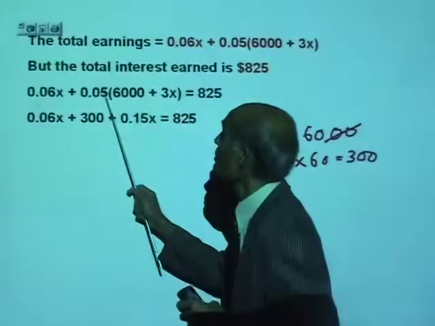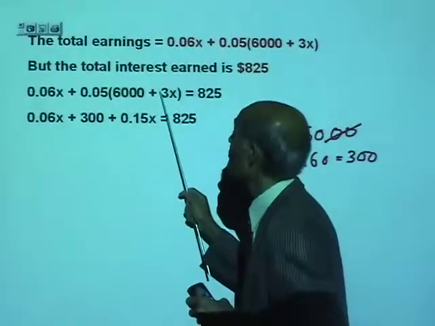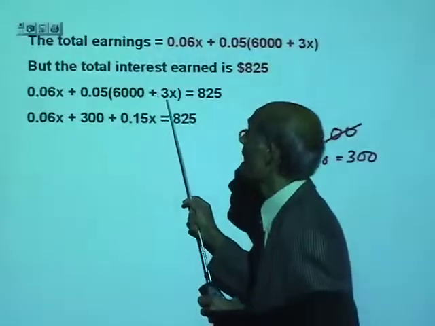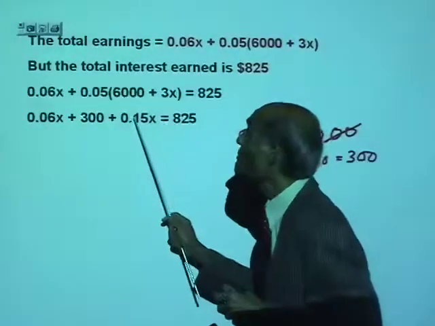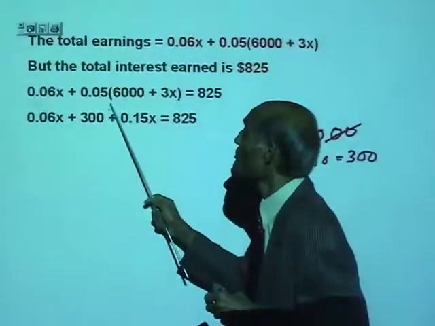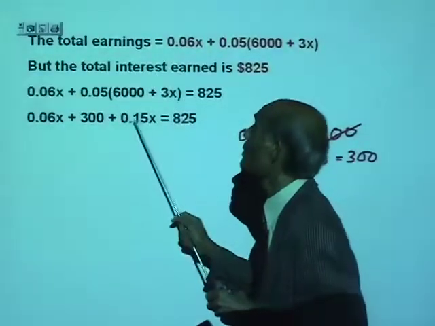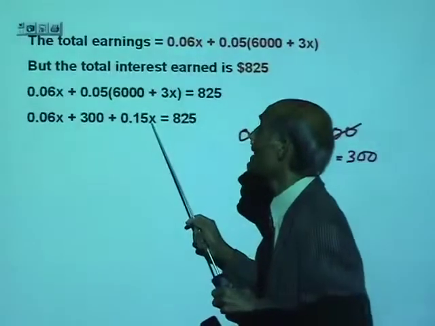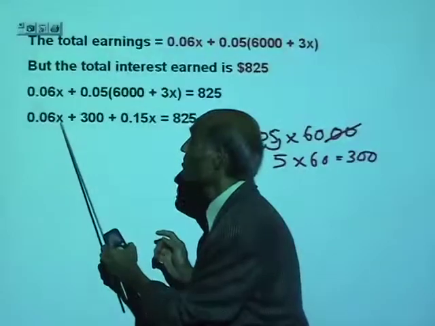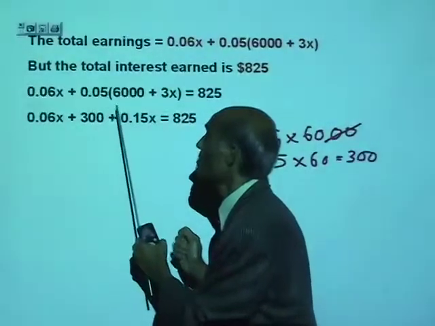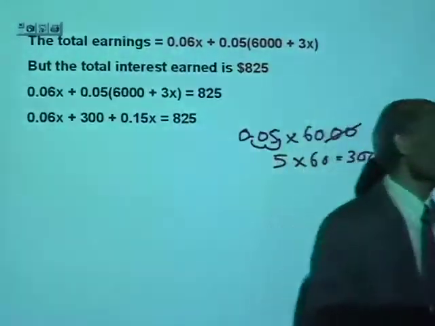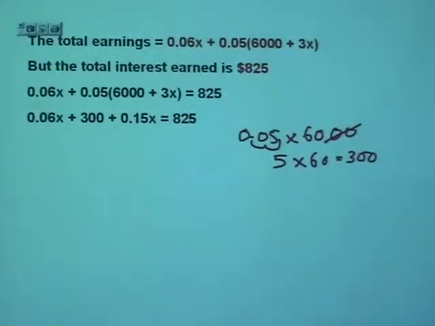And 0.05 multiplied by 3x. What is 0.05 multiplied by 3? That will be 0.15. So 0.05 multiplied by 3x is 0.15x. So we have now 0.06x plus 300 plus 0.15x equal to 825.